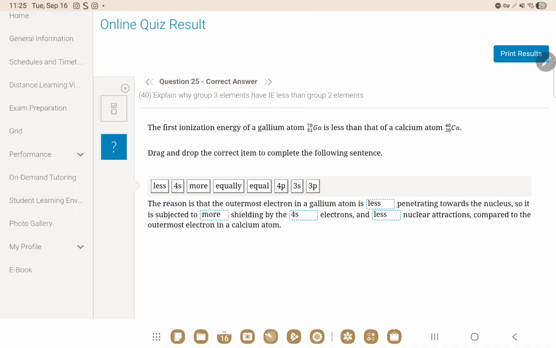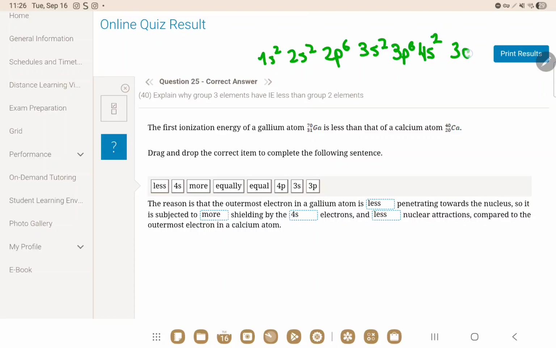When you write it down: 1s2, 2s2, 2p6, 3s2, 3p6, 4s2. So 2, 10, 12, 18, 20.